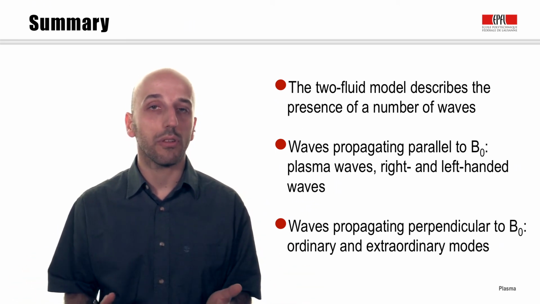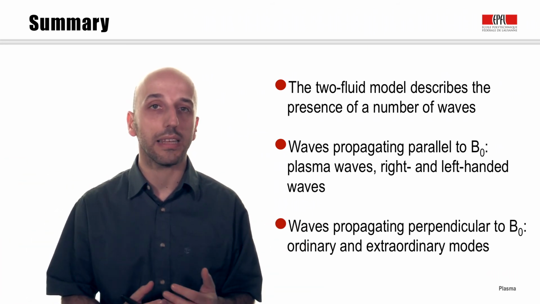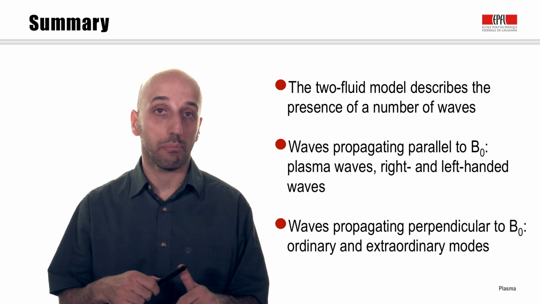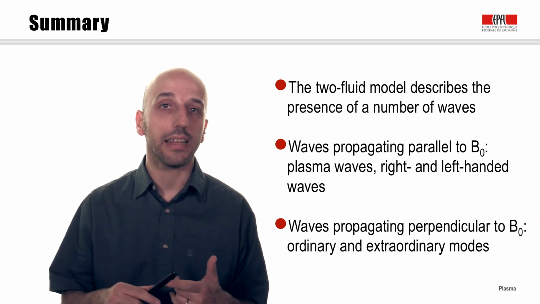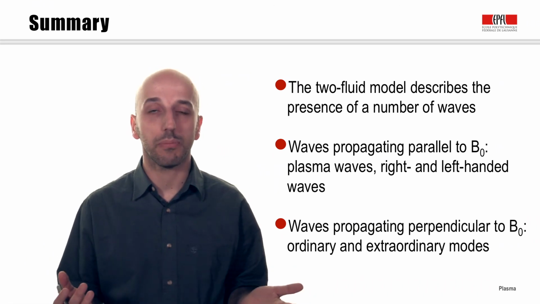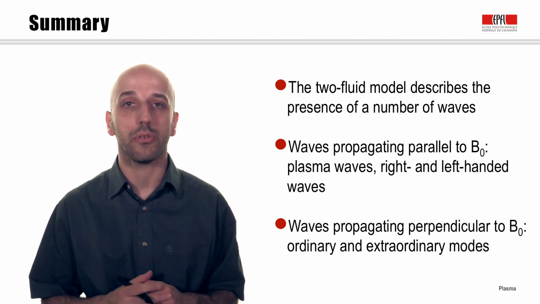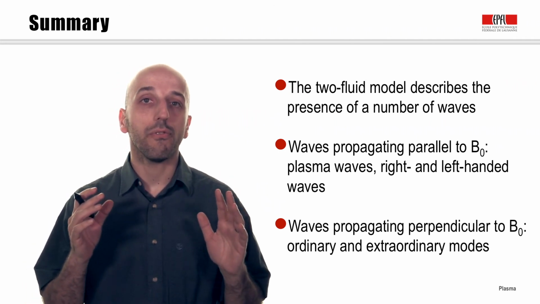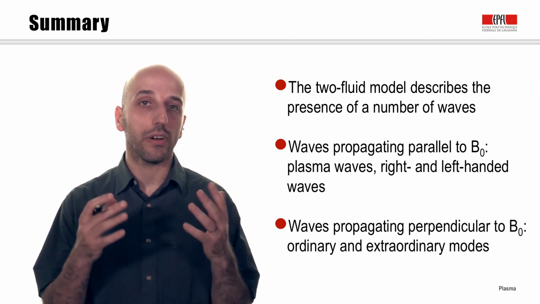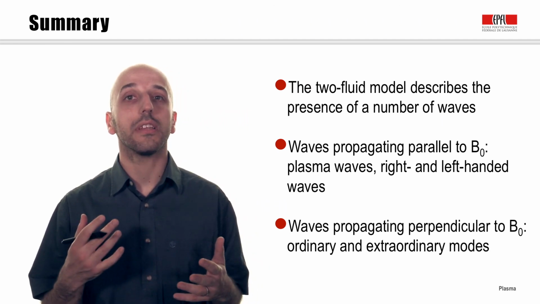We have pointed out that propagating parallel to the equilibrium magnetic field, there are plasma waves, right-handed waves, left-handed waves. Propagating perpendicular to the magnetic field, we have the extraordinary and the ordinary mode. The physical properties of these waves will be the subject of the next module.